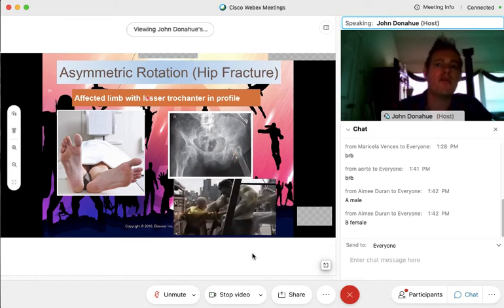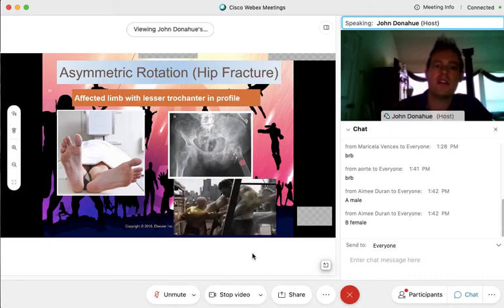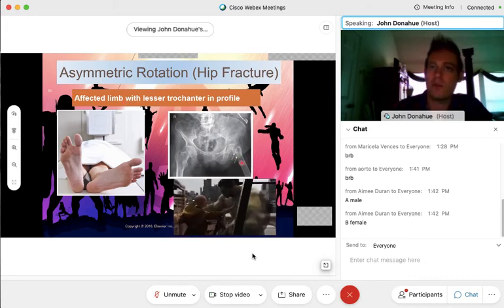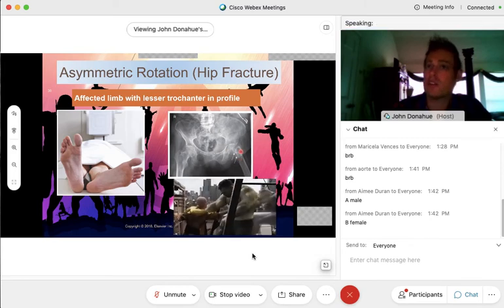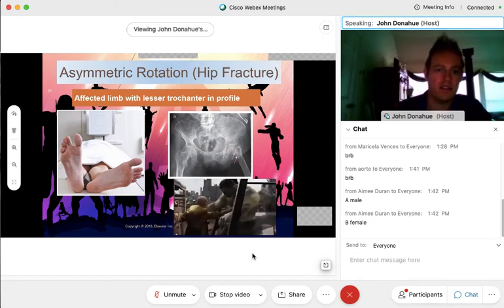If we rotate that foot, the affected side, into a lateral position, as we see right here, the affected limb is going to have the lesser trochanter in profile, much like with the external rotation we went over earlier. It's going to allow us to check for dislocations and femoral neck fractures in that hip area.